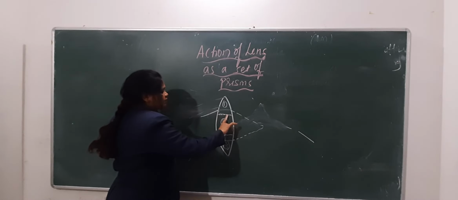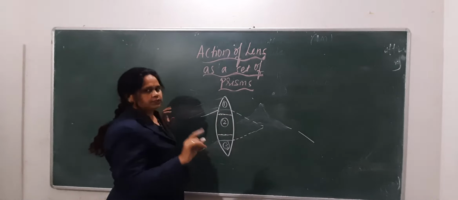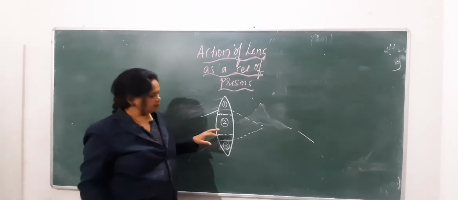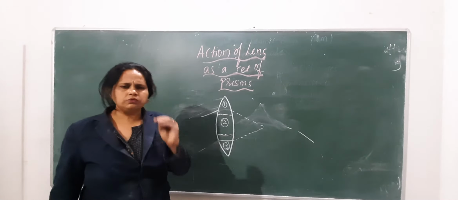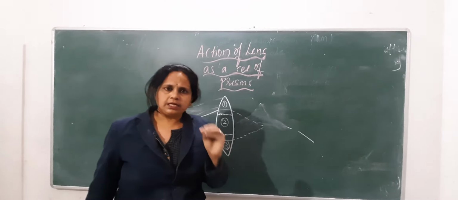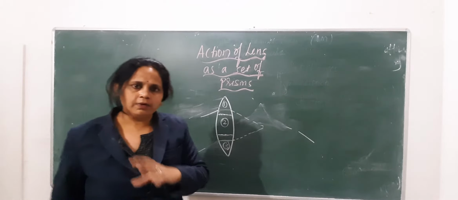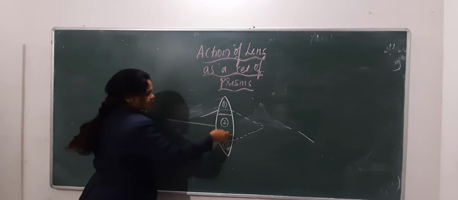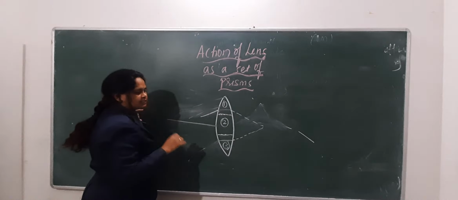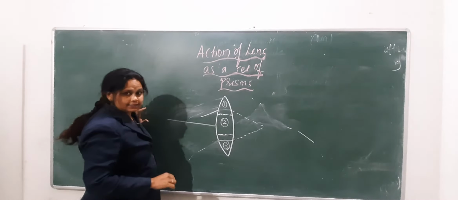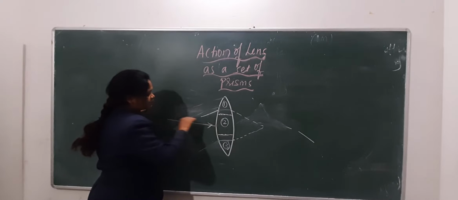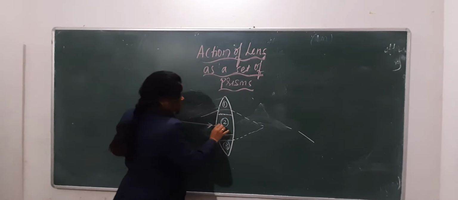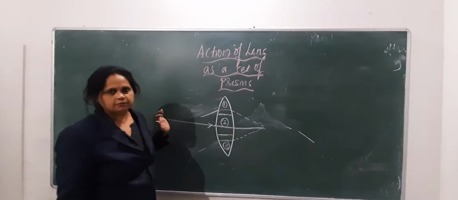If the surfaces are parallel to each other, where do we discuss this particular thing? In a glass slab. That means the middle portion, almost 90%, acts like a glass slab. So whenever the ray of light falls on this surface, which is acting like a glass slab, the ray of light travels perpendicular to the surface, so it moves through the lens undeviated.